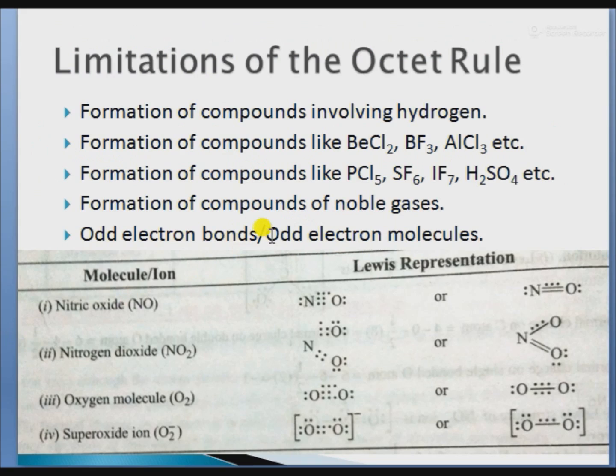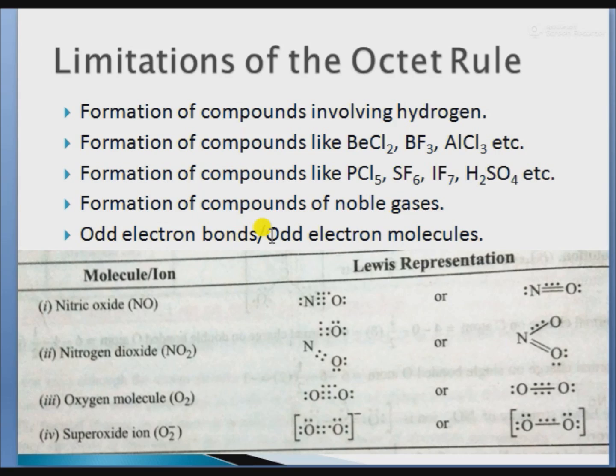Next is the limitations of the octet rule. It could not explain the formation of compounds involving hydrogen, for example H2. Next is the formation of compounds like BeCl2, BF3, AlCl3, etc. All these compounds are electron deficient. It means they contain 6 electrons in their octet or violate the octet rule, although they form compounds.